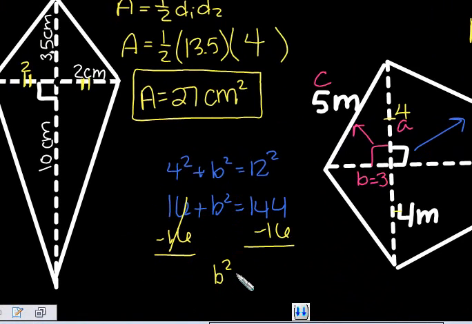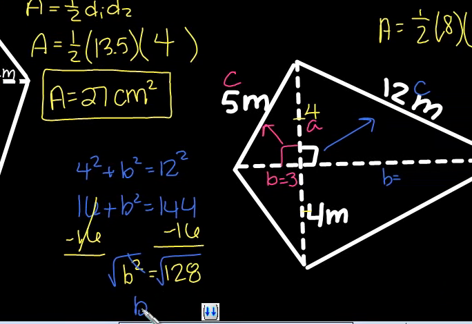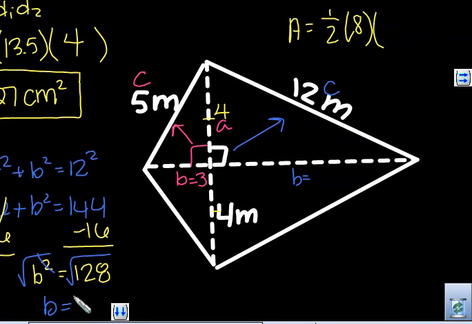So you're left with B squared equals 144 minus 16, which is 128. And to get rid of the squared, the opposite function is square root. So B is 11.31 approximately.